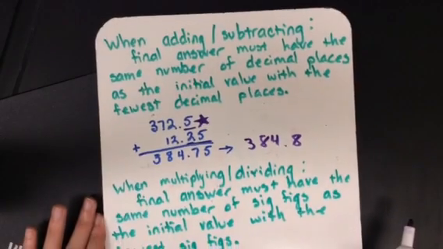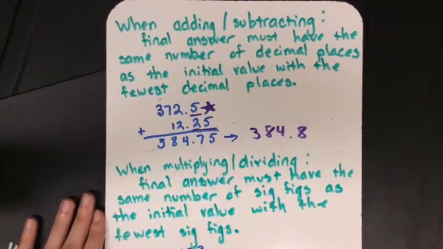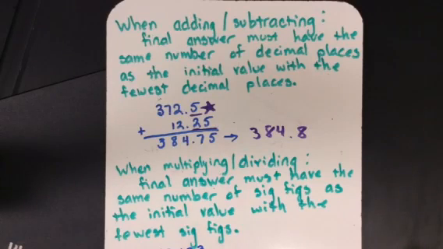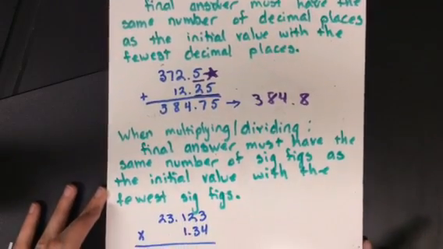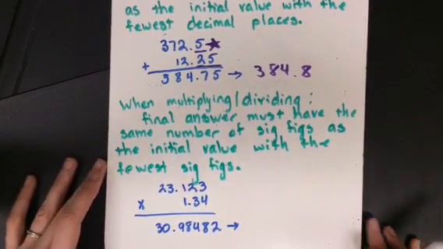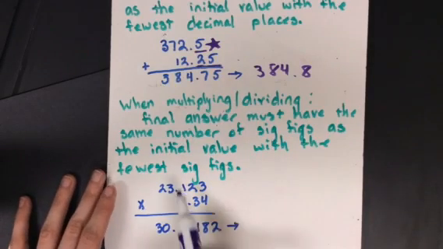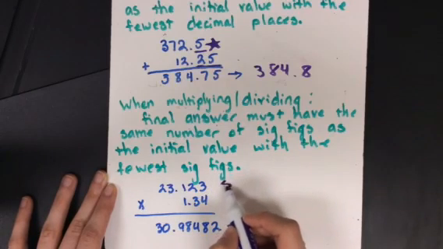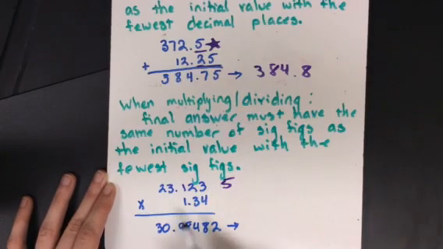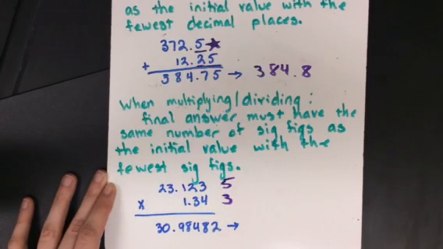When you are multiplying or dividing, it's a slightly different rule. So the final answer has to have the same number of sig figs as the initial value with the fewest sig figs. So with this, we're not actually looking at the number of decimal places. We are just looking at the total number of sig figs. This value here, 23.123, has 5 sig figs. 1.34 has 3 sig figs.